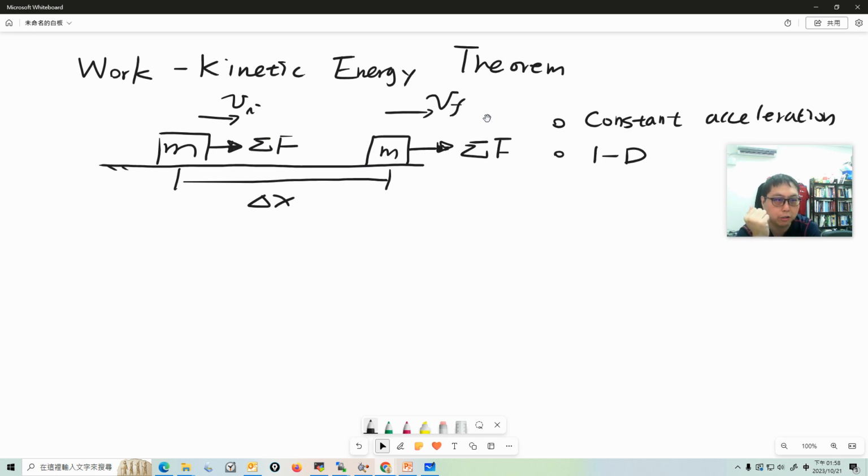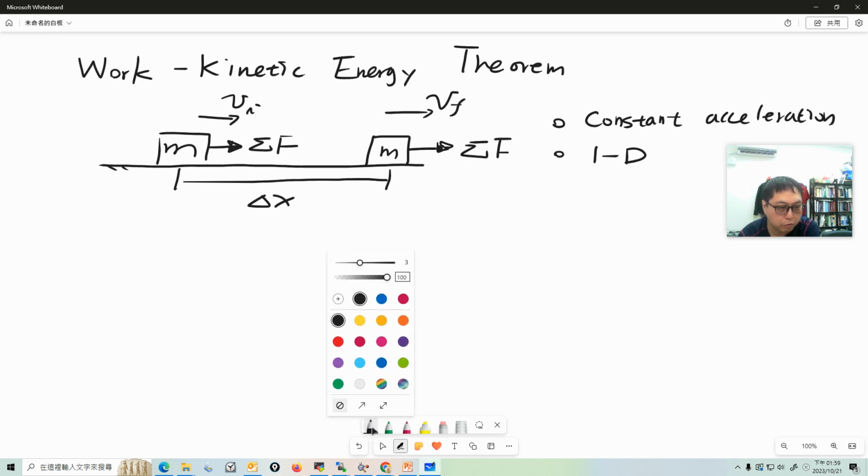So we can use this to prove the work kinetic energy theorem and make a definition of the so-called kinetic energy. Let's start with an equation of motion for constant acceleration.